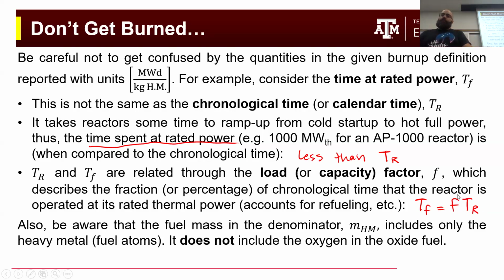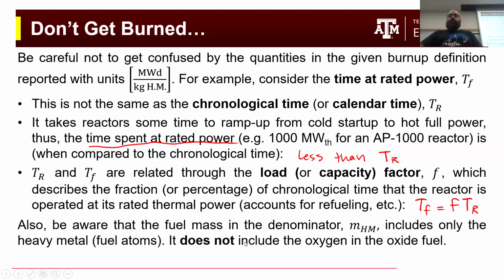Nuclear reactors have a pretty high capacity factor, anywhere from 0.9 to around 0.95. That means 95% of the year the reactor is operating at its rated power. So that's how the capacity factor is defined.